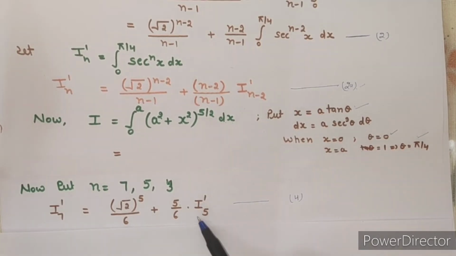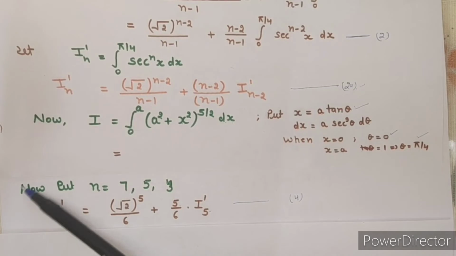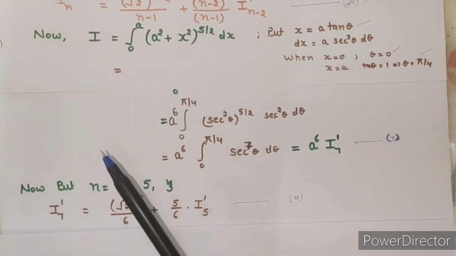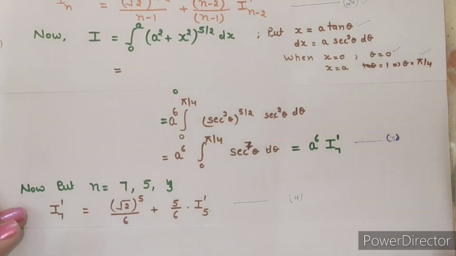Then I want to find this integral also. So put again n equal to 5 in equation number 2a. So it gives you I5 dash.